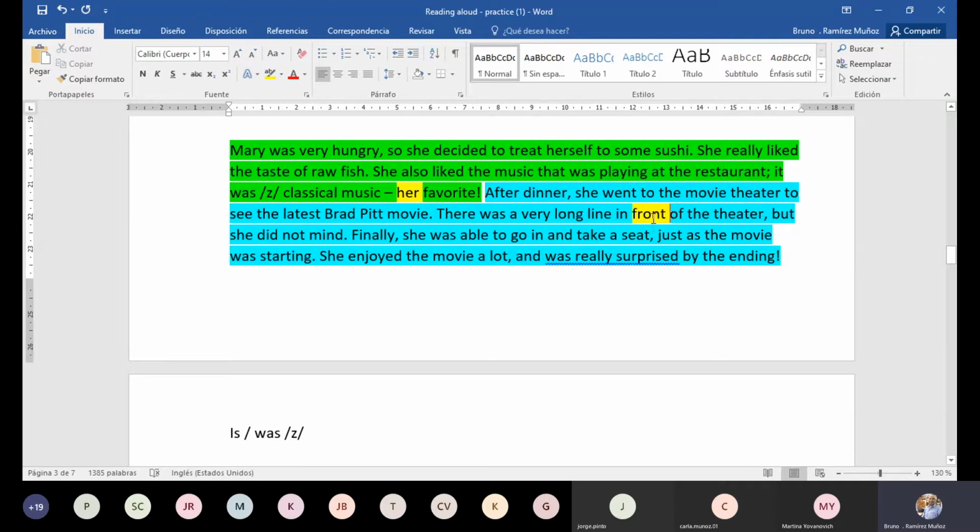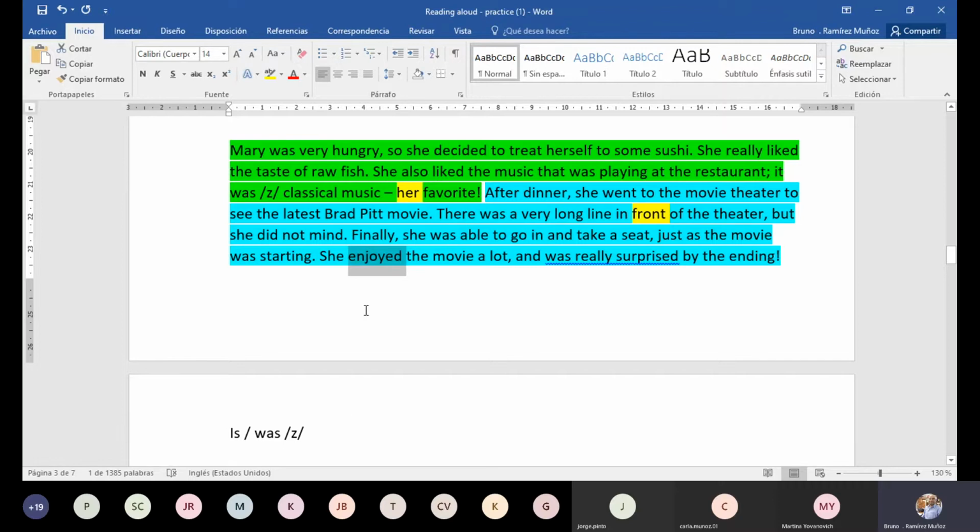Front. It's difficult, right? Because of spelling. Front of theater. Front. And also link this one, Jorge. Go in, all right? Go in. Go in, exactly, going. Okay, excellent. It's another very good example.